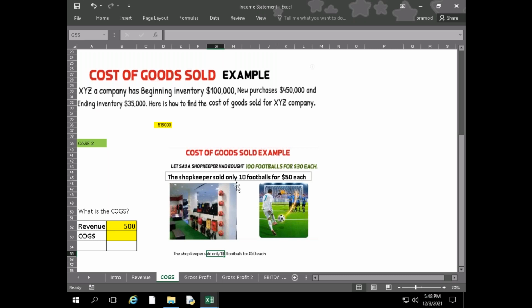Whatever the 500 and 5,000 answers you told, based on the question it is correct. If it is 10 into 50, 500 is correct. If it is 100 into 50, that is 5,000 is correct. If it is 5,000, your COGS will be 100 into 30. That is 3,000. So this is the answer for this.